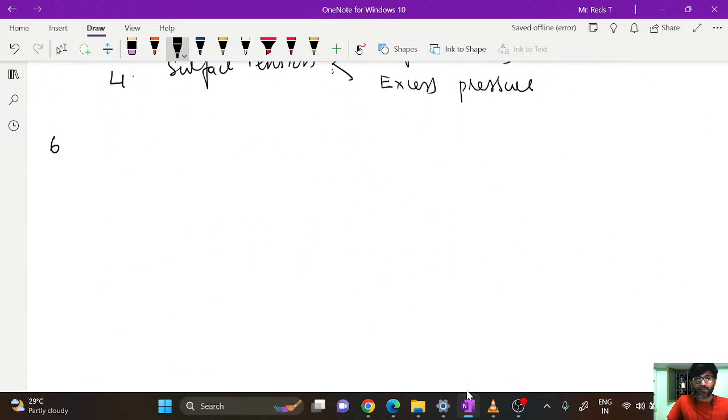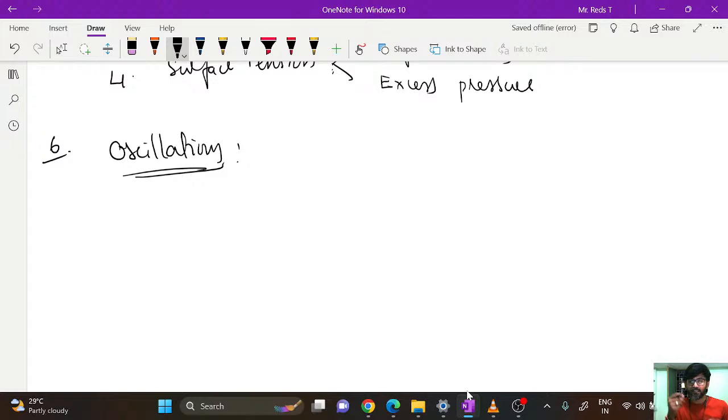The sixth chapter is oscillations. In the oscillations chapter, simple pendulum is an important part, and simple harmonic motion is important. When you say simple harmonic motion, applications will come. Simple pendulum is one of the applications, and some other applications also, like when a liquid is executing SHM.